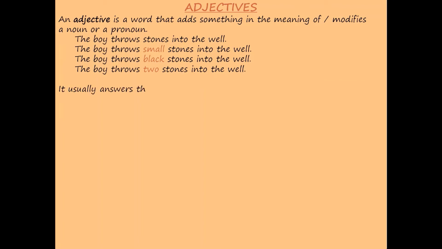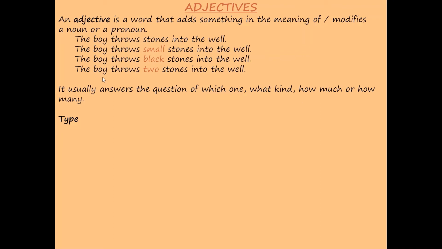An adjective usually answers the question of which one, what kind, how much, how many. So how can we pick up an adjective from a sentence? Just by questioning with these words: which one, what kind, how much, how many.